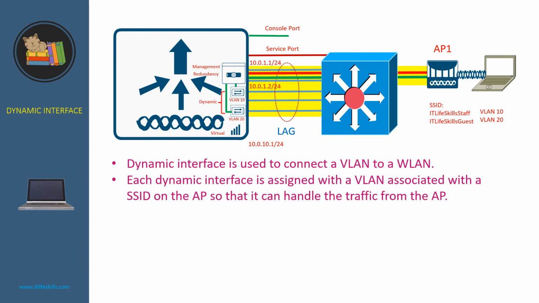The first one, IT Life Skills Staff, maps to VLAN 10, and the second one, IT Life Skills Guest, maps to VLAN 20. In order to do that, we need to configure two dynamic interfaces on the wireless LAN controller and assign the interfaces to VLAN 10 and VLAN 20.